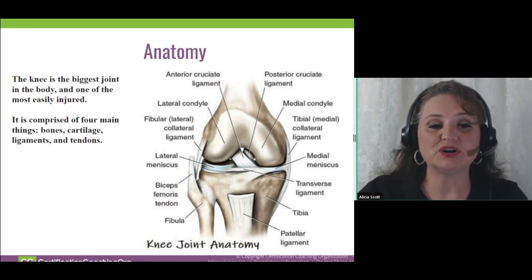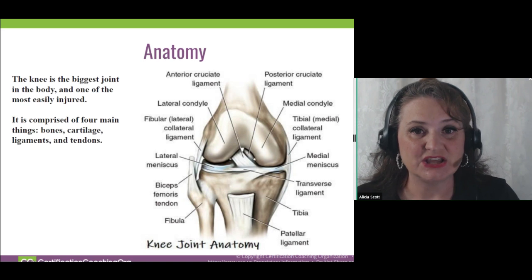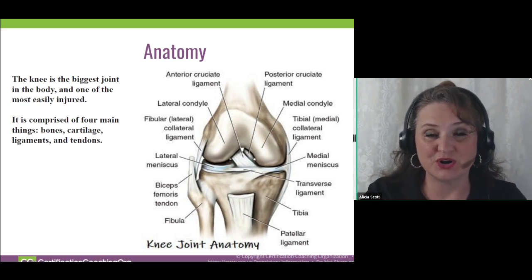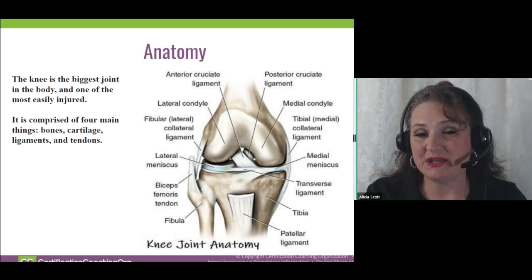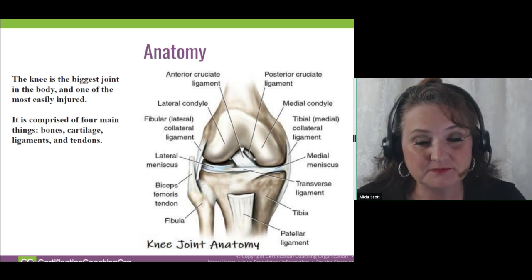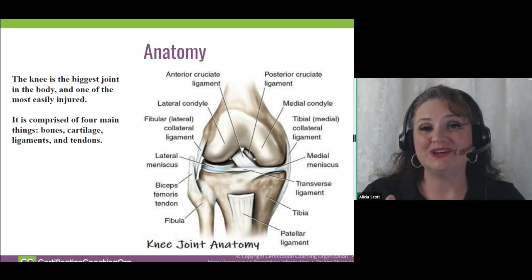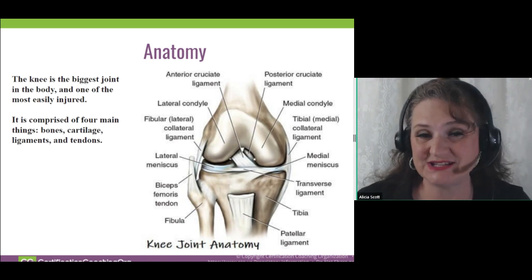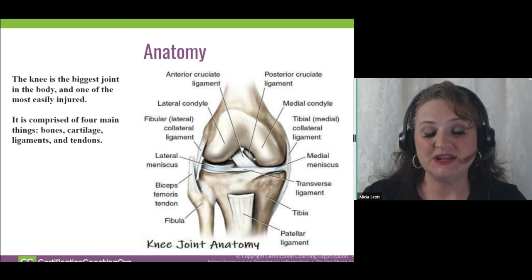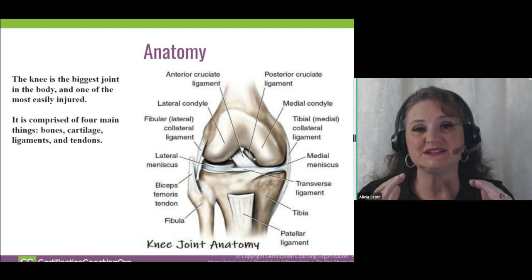So bones, cartilage, ligaments, and tendons, you will hear them mentioned. All of these anatomy words will be in the documentation for a knee replacement. When you get your knee replaced, you don't need your ACL anymore, so they actually cut it. You don't need those ligaments on the side.